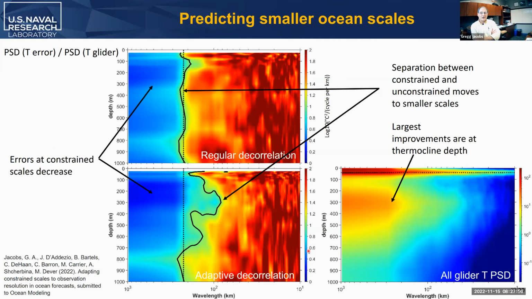And here's the evaluation. So again, we can compute, given that we have depth versus distance of both the glider data and the model, the power spectral density of those, and we can look at the ratio of the power spectral density of errors to the power spectral density of the variability itself.